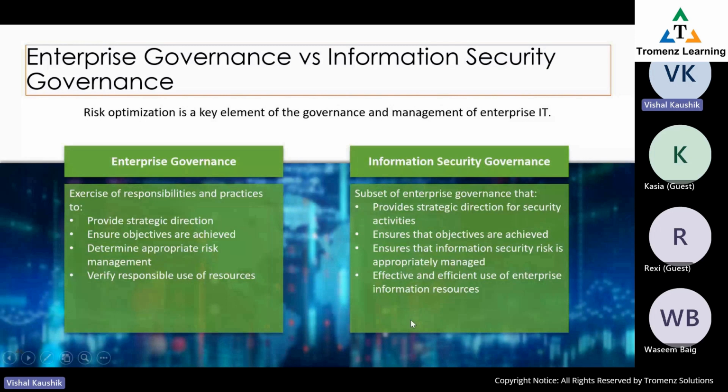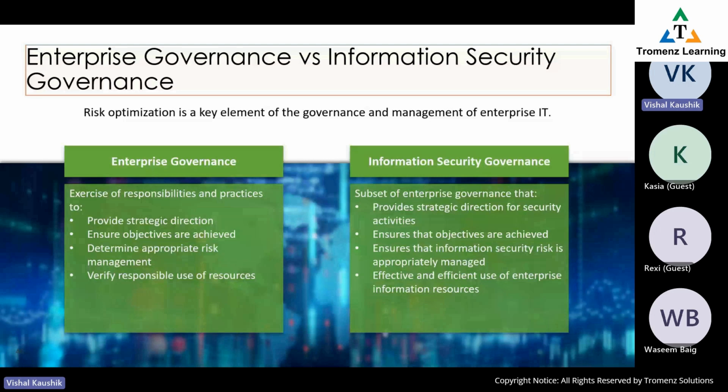Here we are basically saying that enterprise governance is about exercising the responsibilities to enable provision of strategic direction. Risk optimization is a key element of governance and management of enterprise IT. Management activities and structures, which are distinct from and derived from governance, are outlined in the information security strategy.